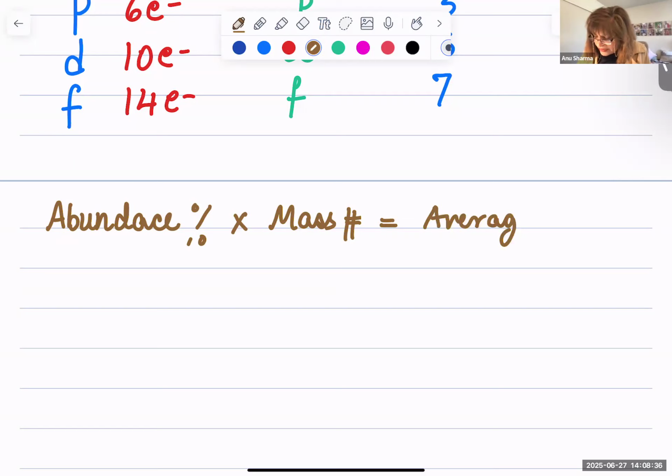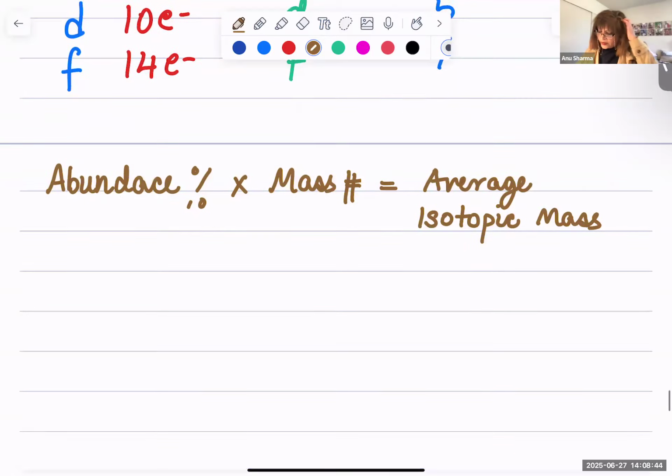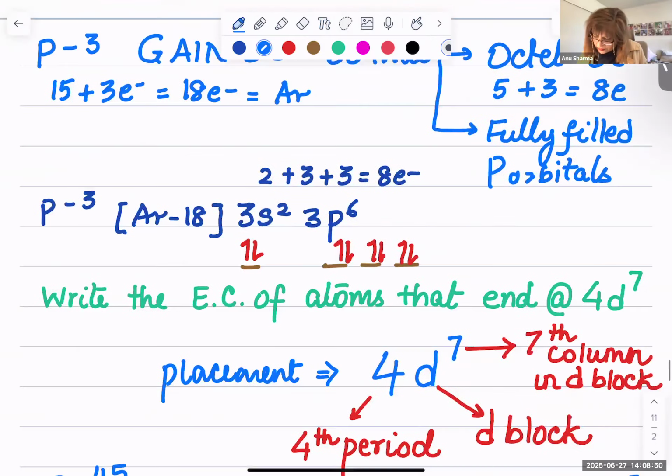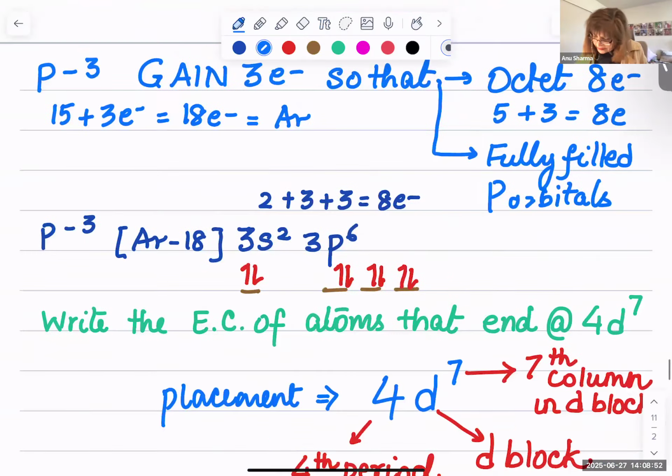We covered that in class. Just look at it, average isotopic mass. You will have to review this on your own. We have covered this much.